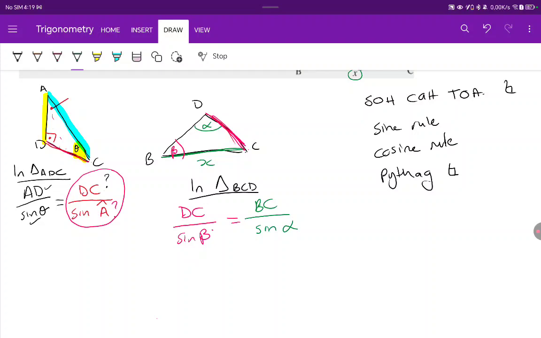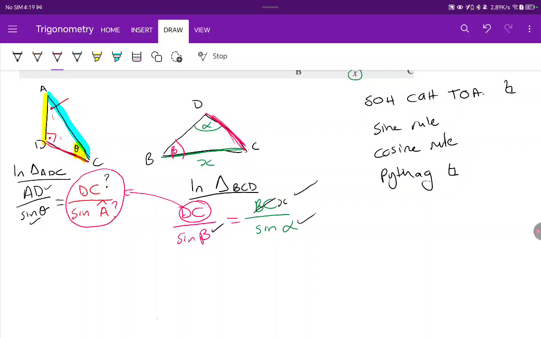What do I have? I have this, I have that, and this I can replace with x. So this second equation can be worked out. So at this point, peace on earth, we are okay. If I solve the second one, I will have DC, which is great. So once I have DC, I can substitute it there.